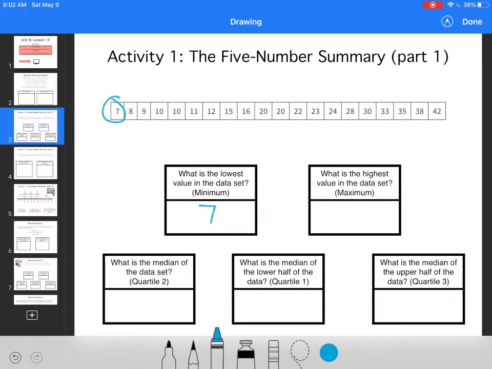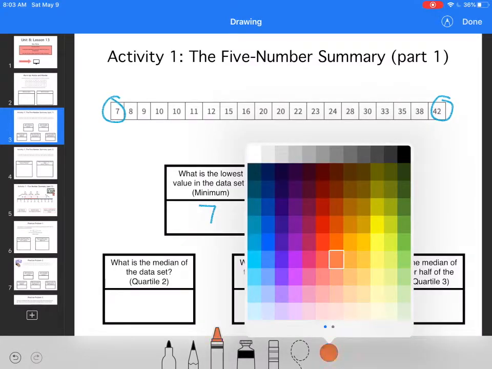Then it says, what is the highest value or the maximum value in your data set? That would be 42. Then it says, what is the median of the data set? That would be quartile 2. So I'm going to switch colors.